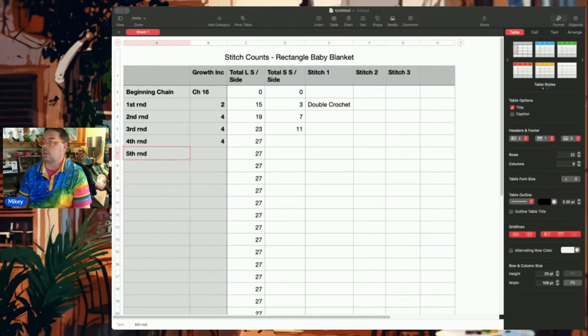Fifth round, there is an increase by 4. Sixth round, seventh round, eighth round. Anybody can do this stuff at home. Either people don't know how to or they don't want to.